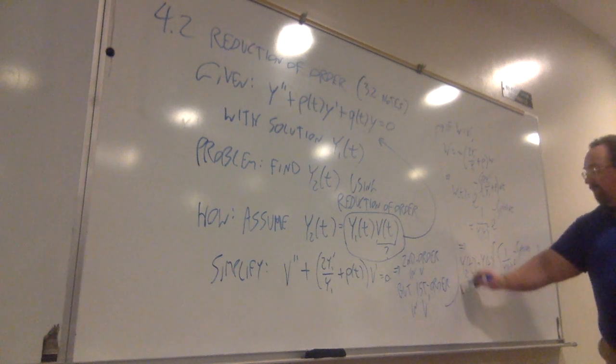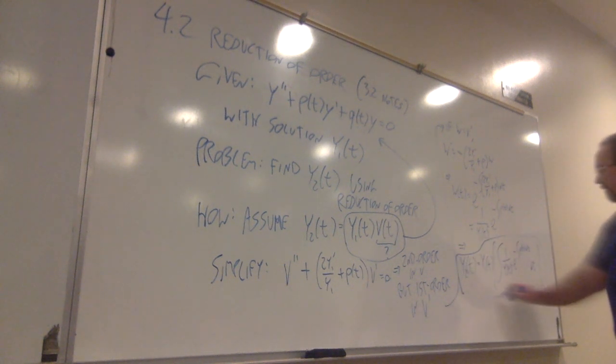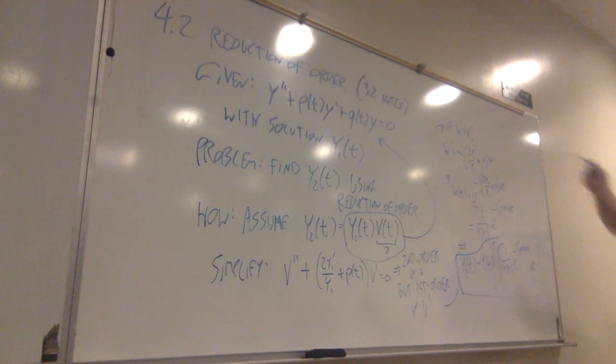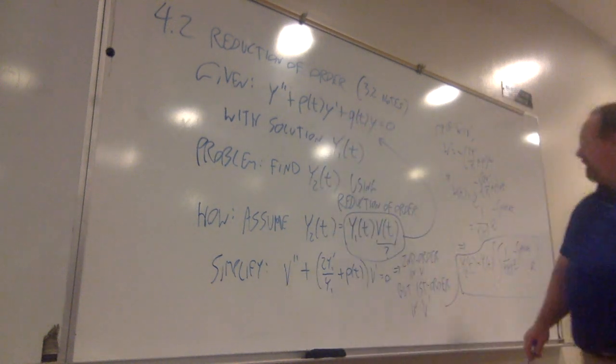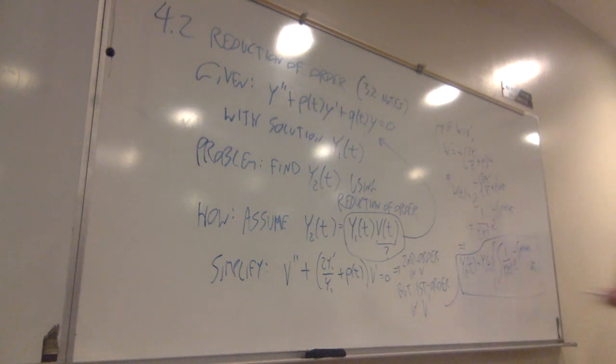So for a homework problem using reduction of order, you're given an equation like that, you're given y1, and p of t is whatever is multiplying y prime. Grind this out, and then that's your answer.